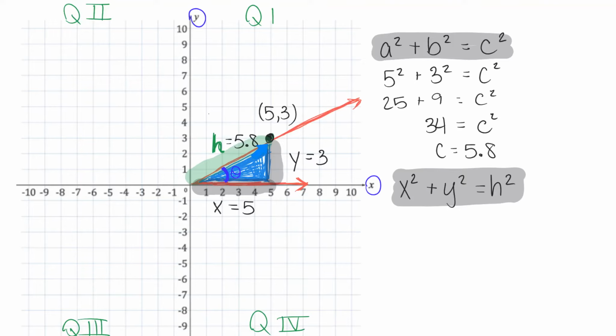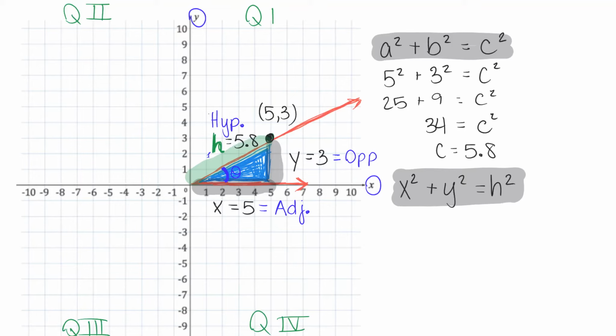Is this side the opposite, the adjacent, or the hypotenuse? It's the opposite, right? And if this is the opposite, then what is this bottom side with respect to theta? It's going to be adjacent. And then, look, we already said that this h is our hypotenuse. So that's convenient.